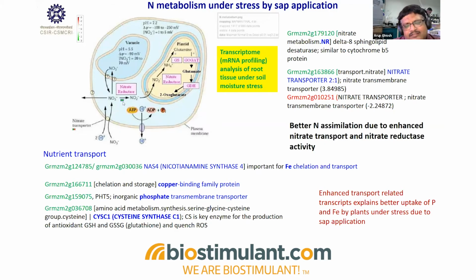That means there is upregulation in the activity of nitrate reductase in the root cells, and this is the first rate limiting reaction, wherein nitrate first gets converted into nitrite, then nitrite gets converted into ammonia, ammonia gets converted to amino acids, and then it gets into protein. So when the first rate limiting reaction is enhanced, that actually leads to higher nitrogen uptake.